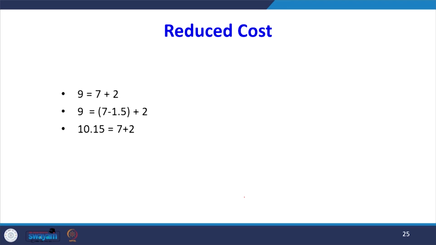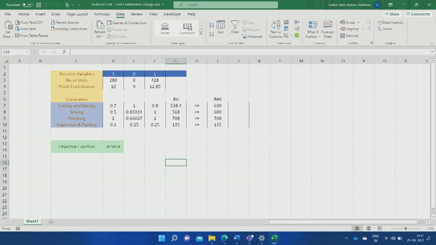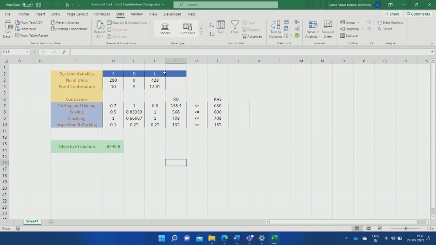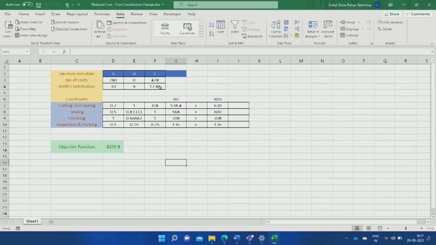Now when you look at this Excel, this was our previous problem. There are 3 products, standard, deluxe and lightweight bag, with 10, 9, 12.85. When we ran this, we saw the reduced cost is minus $1.15.